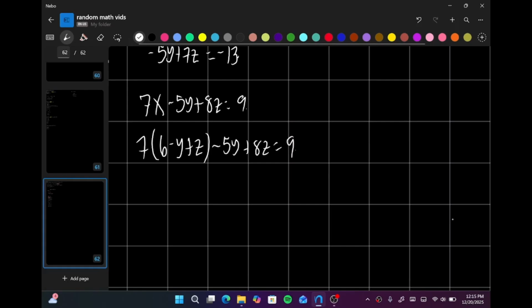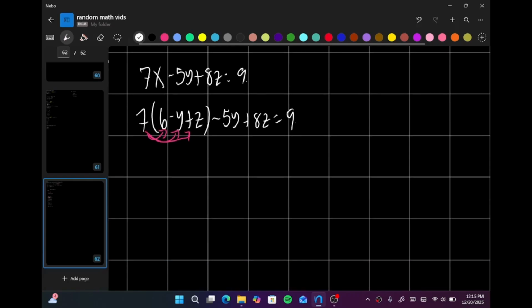Again, we distribute, combine like terms, and move the constants to the right side. So we have 42 minus 7y plus 7z minus 5y plus 8z equals 9.